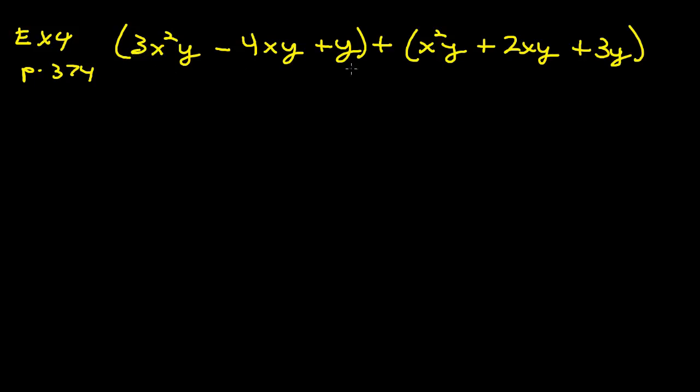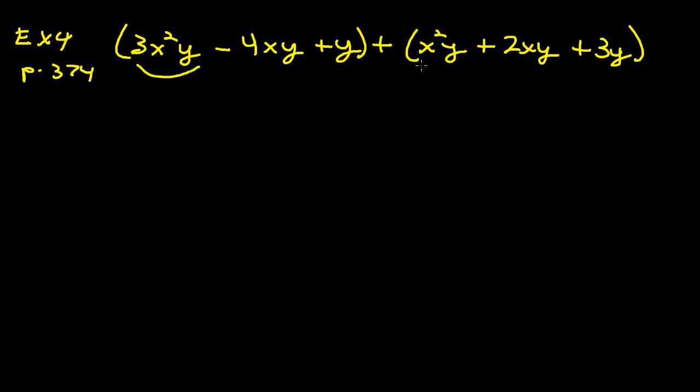This is a trinomial of degree 3 because the sum of these exponents is 3. This is a trinomial also of degree 3 because the sum of these exponents is 3. All right, so x squared y plus 2xy plus 3y looks good.